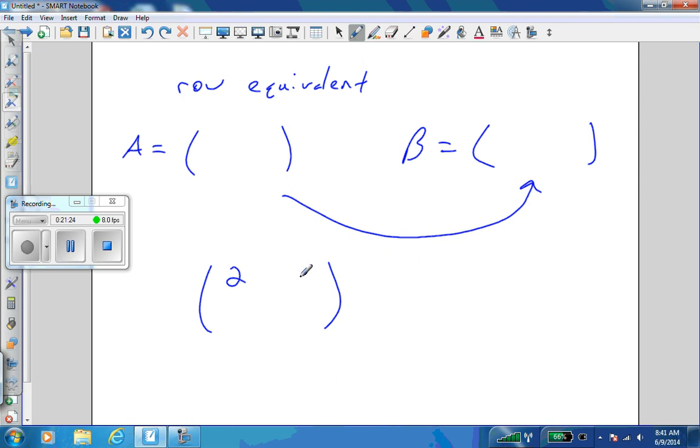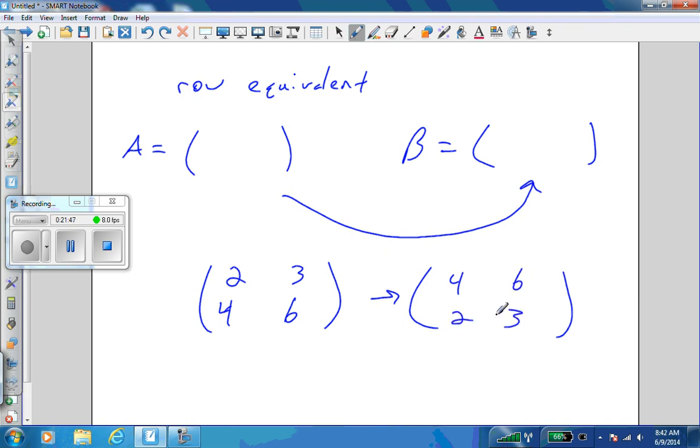For example, if we have this matrix, I don't know if you'd want to or not, but if we were to swap, those are said to be row equivalent.